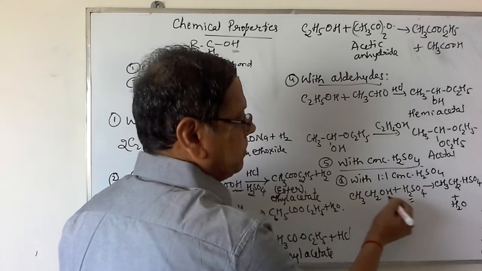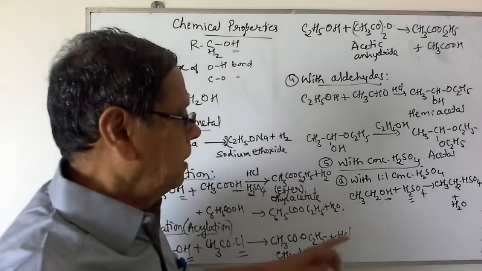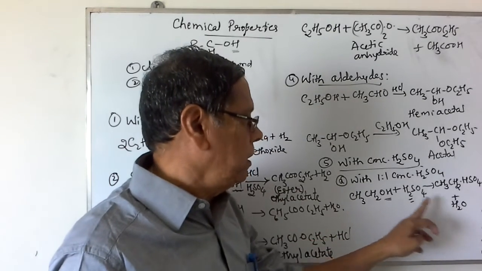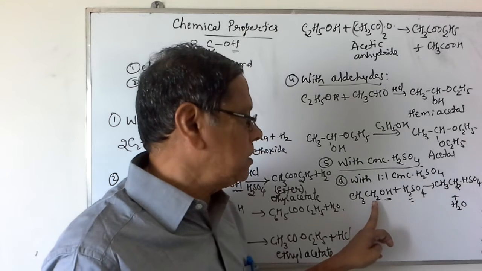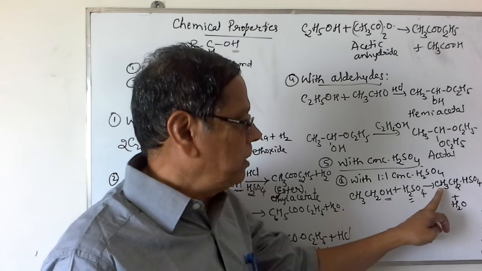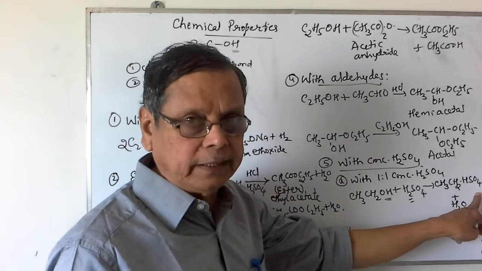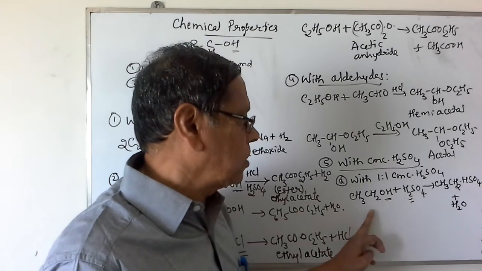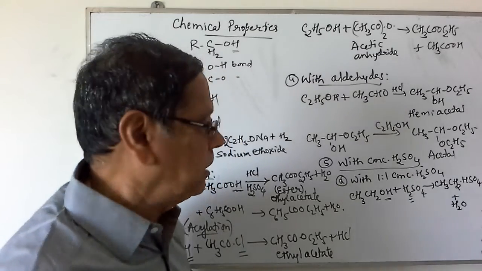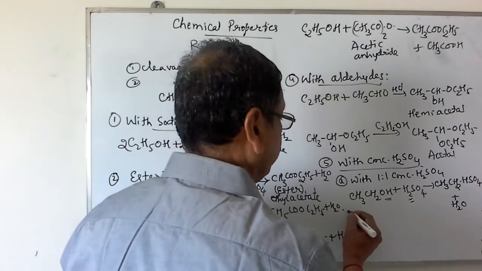One hydrogen from the alcohol and one OH group from the acid are eliminated as a water molecule. So this is a dehydration reaction. The HSO4 group links to the CH2, giving ethyl hydrogen sulfate. Sulfuric acid and ethyl alcohol in 1:1 ratio at almost room temperature give rise to ethyl hydrogen sulfate.